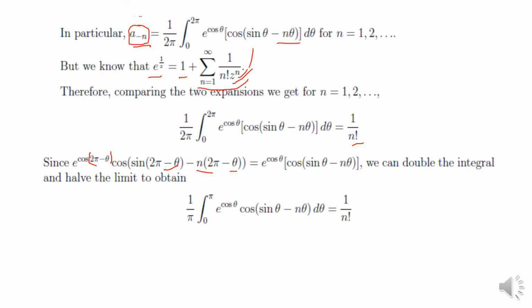And as we did earlier, this 2n pi with minus sign, we take common. It becomes e to the power cos theta into this cos of sine, this becomes minus sine theta and minus 2n pi, and this becomes minus n theta.